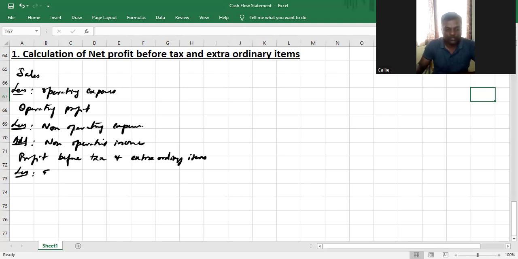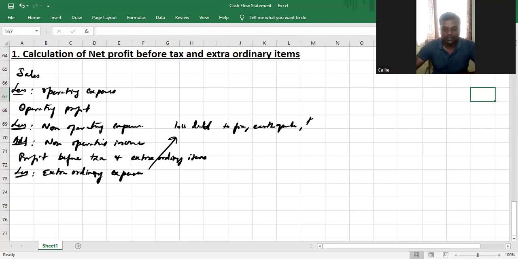From that, you reduce the extraordinary expenses, which usually are loss due to fire, earthquake, theft, or any other abnormal extraordinary item which does not happen every year.